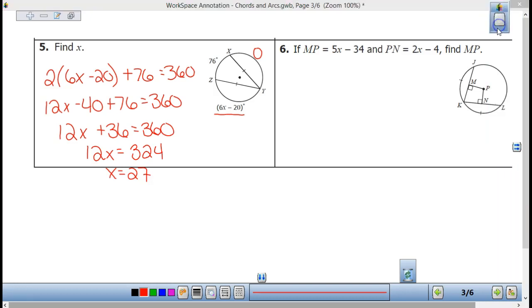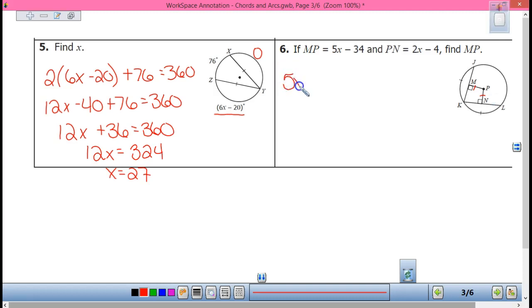Alright, so this says that MP and PN, and we're supposed to find MP. What do I know about MP and PN? Why are they congruent? Because they're perpendicular. So if they're perpendicular, then they're equidistant. Okay? So they're going to be equidistant from that arc, or from the center.